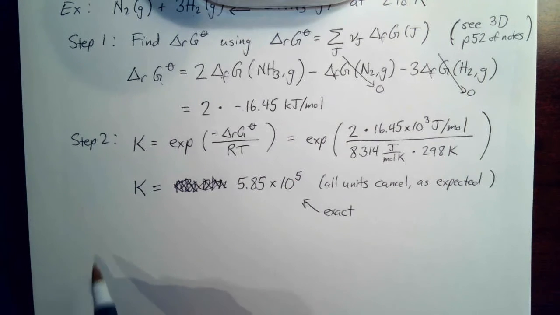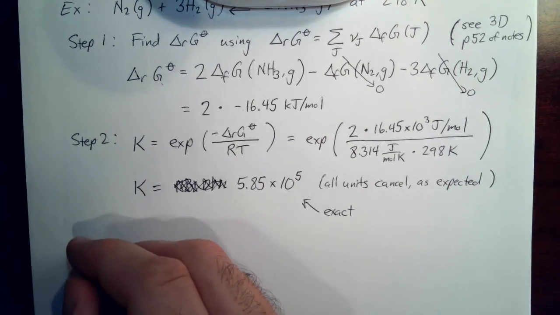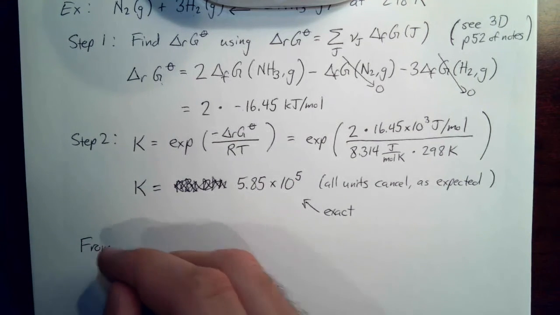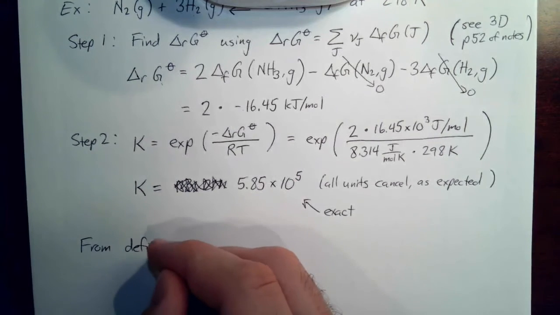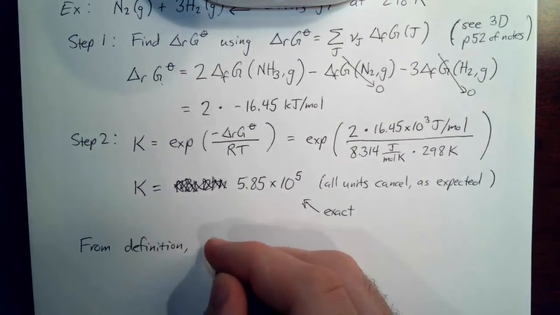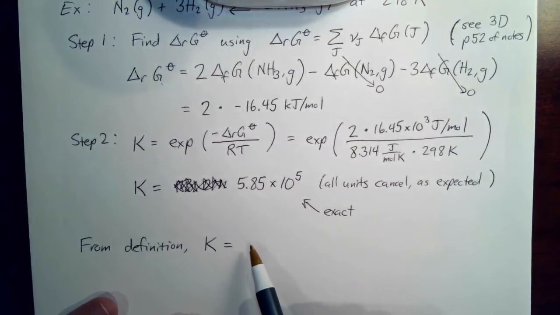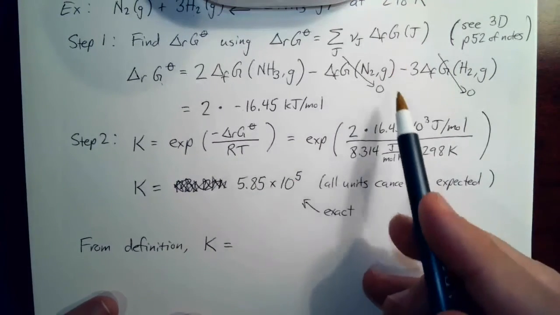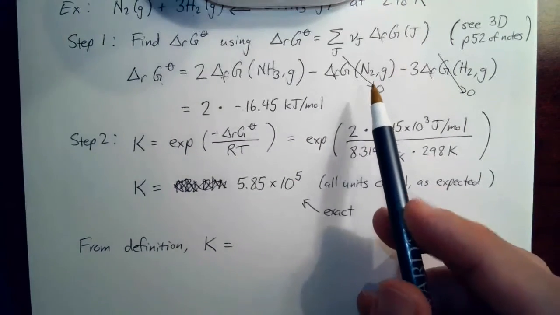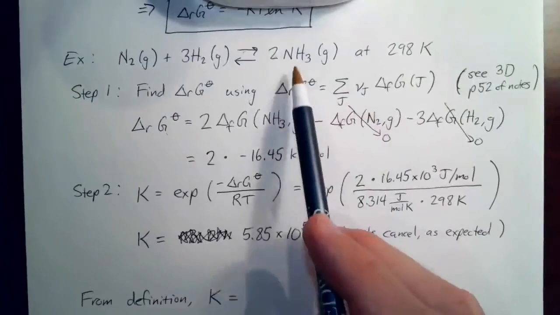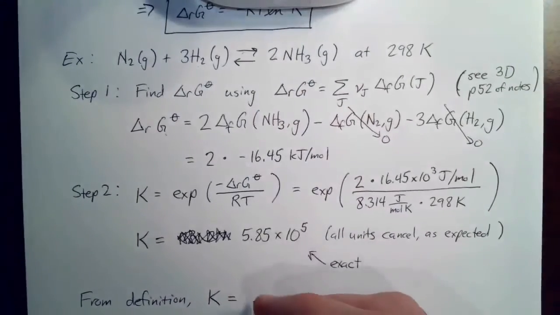Now, another way to calculate K would be from the definition of K. So from the definition, K equals the product of the activities of the products raised to their stoichiometric coefficients.